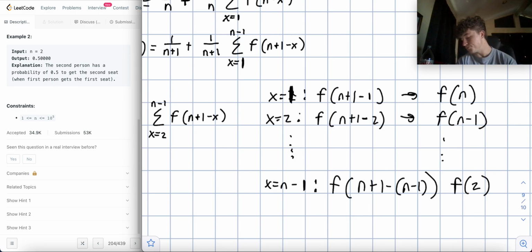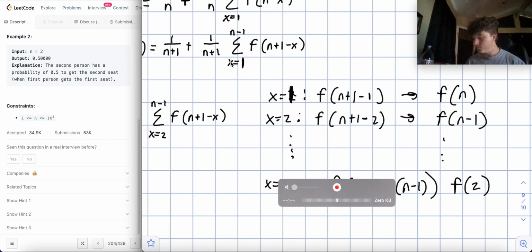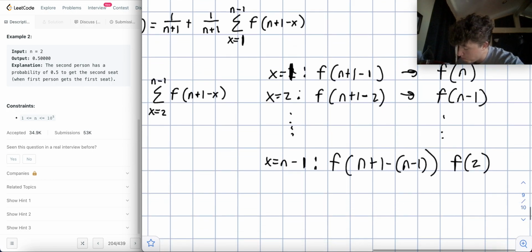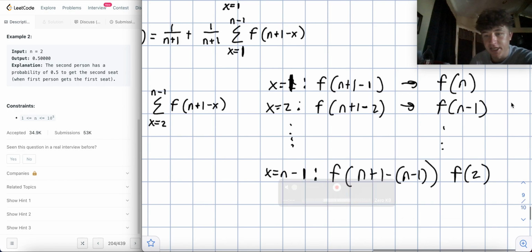So how would we rewrite this then? Right, because we want it in the same form as the top one. Okay. So this summation is the same as... Right, this summation here is equivalent, right?